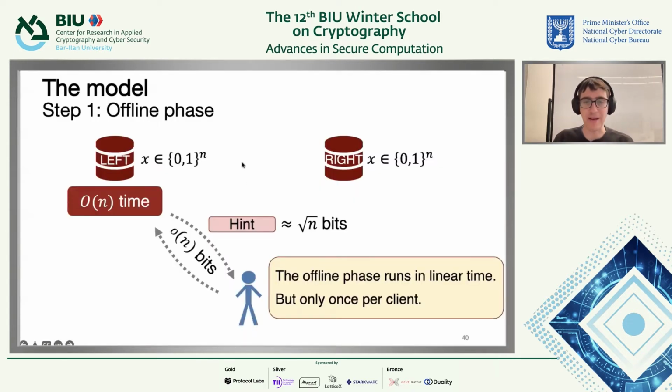Cool. So just to remind everybody of the offline-online model, PIR schemes in this model consist of two phases. The first phase is an offline phase in which the client obtains some piece of information about the database that we call the hint.